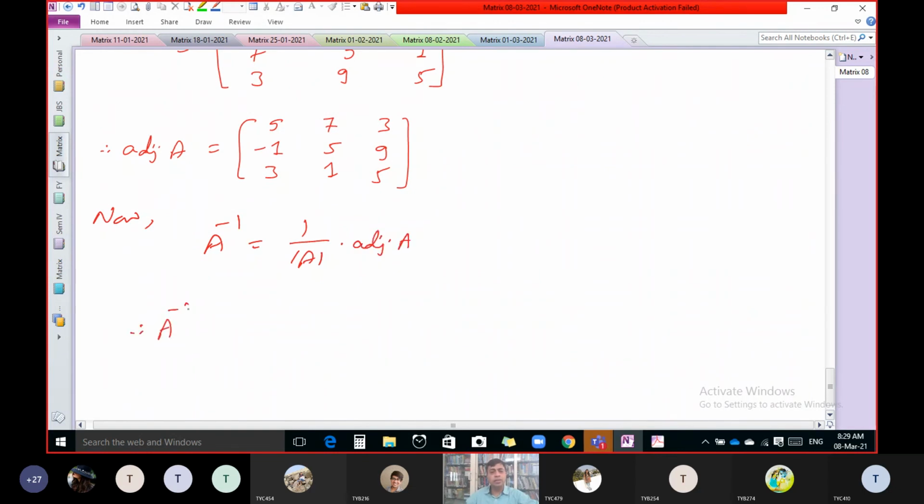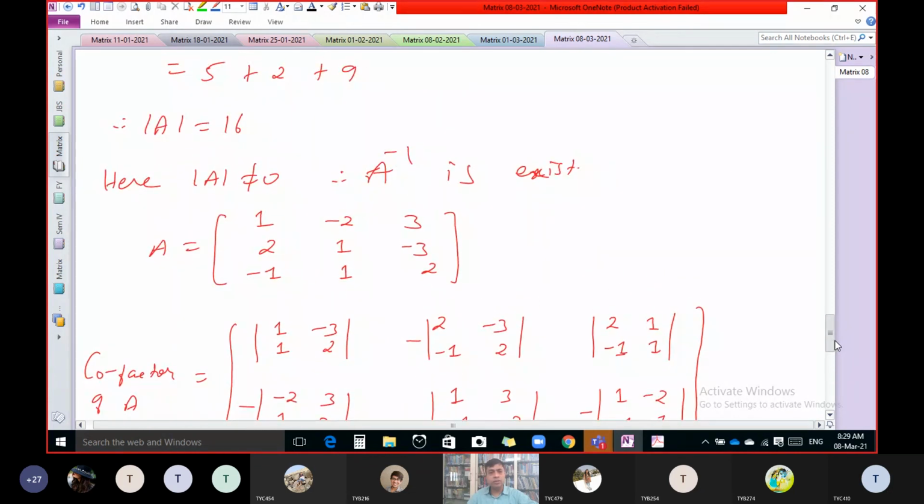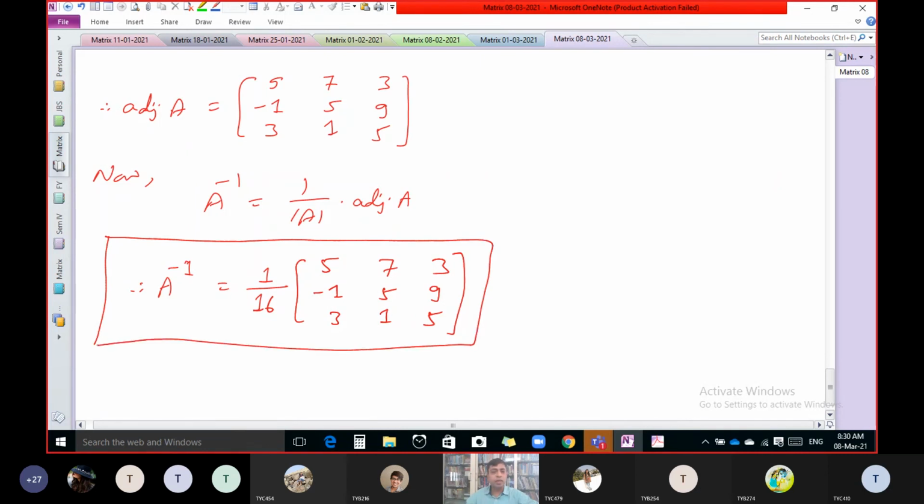So 1 upon the determinant of A, that was 16, so 1 upon 16, and keep the adjoint as it is. You can consider this as your final answer, or divide each term by 16.